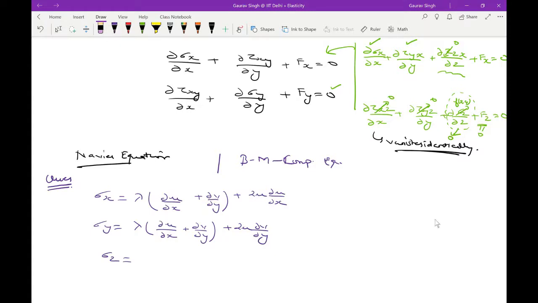Sorry, no sigma z obviously in this case, and that would be tau xy is equal to mu times dou u by dou y plus dou v by dou x.